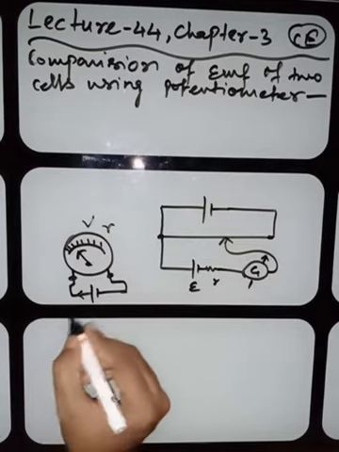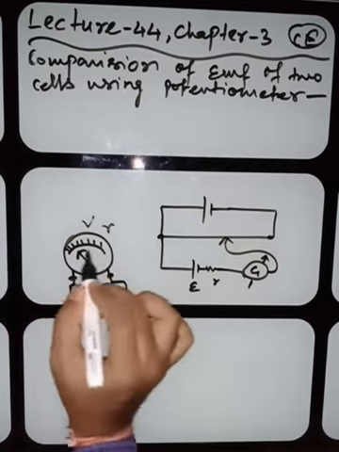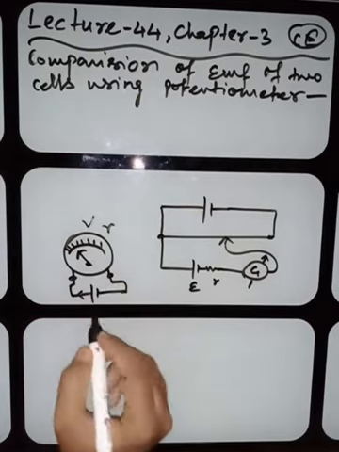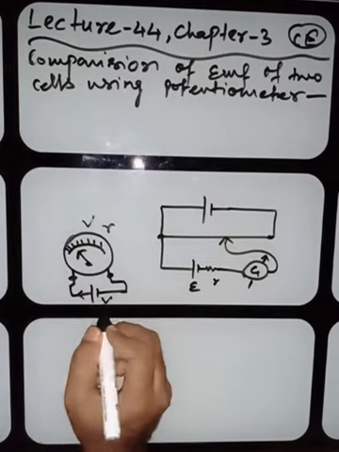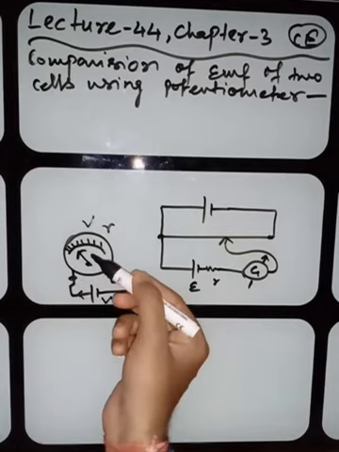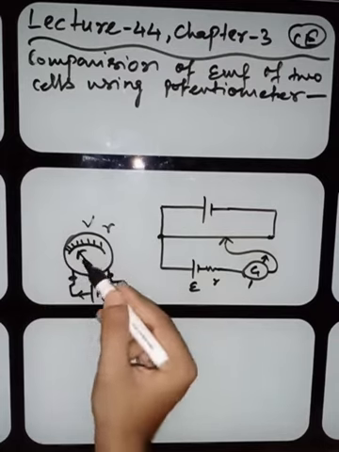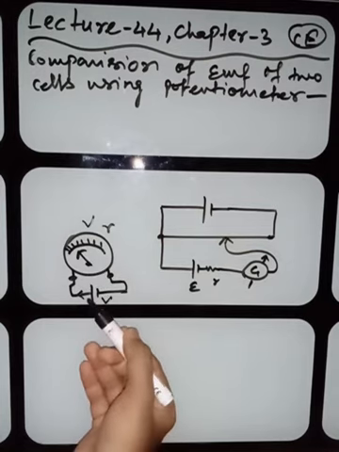The answer is, it will not measure the exact value of V, but the voltage which has been dropped over this one. It uses some potential from the cell itself.